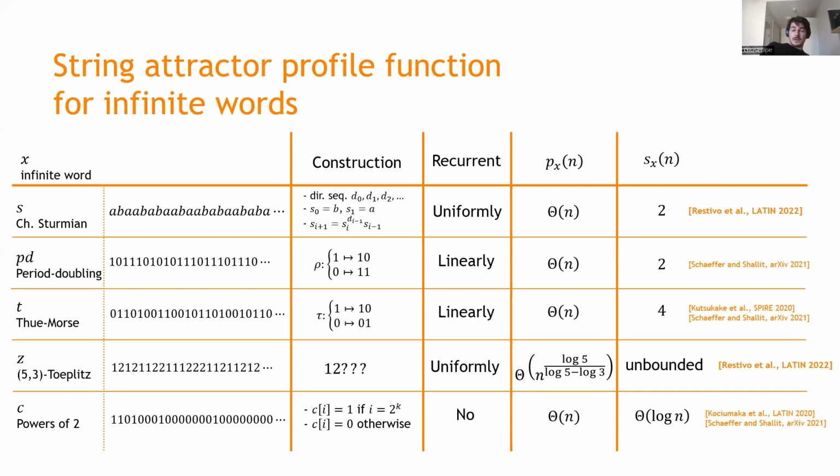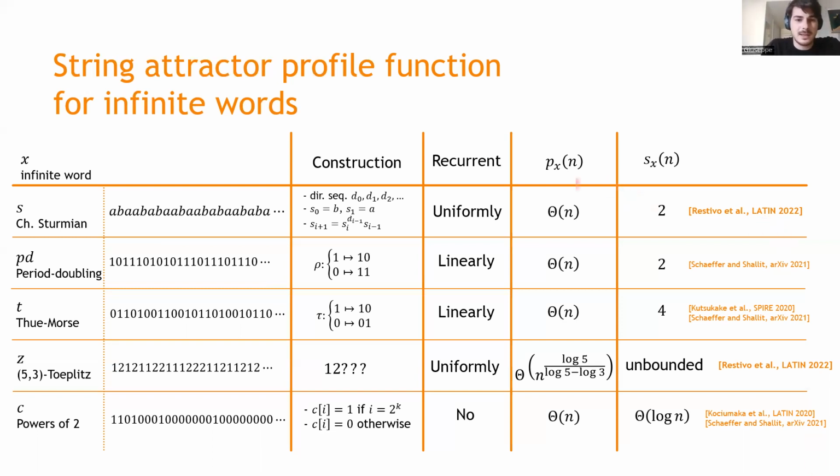More in particular, they were studying string attractors for automatic sequences, and they showed that either they have a string attractor profile function bounded by a constant, or the string attractor profile function grows logarithmically with respect to the size n of the prefix considered.